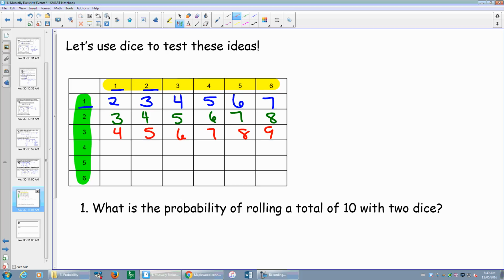Good. My next row, Powell? Good. My next row, David? Good. My next row, Ben? Okay, anyone have any questions about coming up with these numbers?